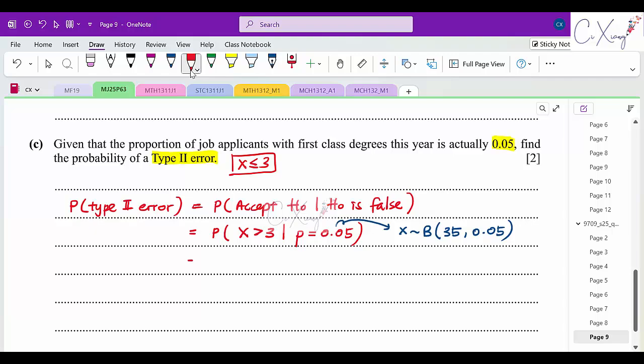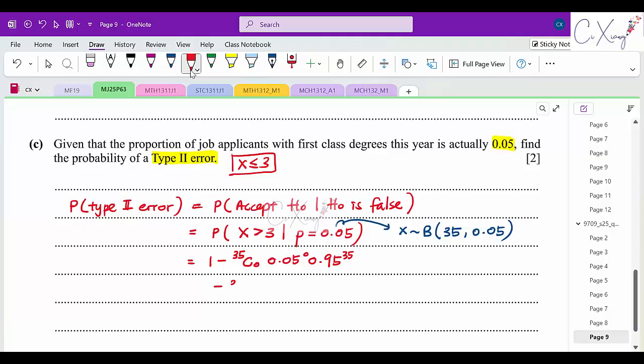To calculate the probability of x greater than 3 in a binomial distribution, you have to take 1 minus x equals to 0, x equals to 1, x equals to 2, and also x equals to 3. It is quite tedious, so let's write out one by one. For x equals to 0, it is 35C0, 0.05 power 0, 0.95 power 35. This is x equals to 0.